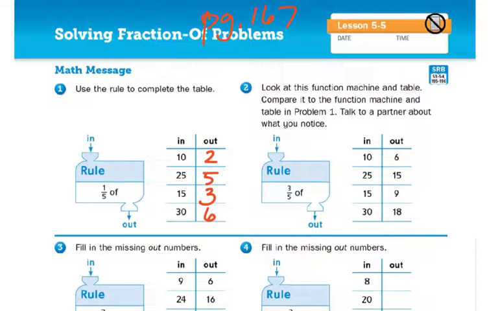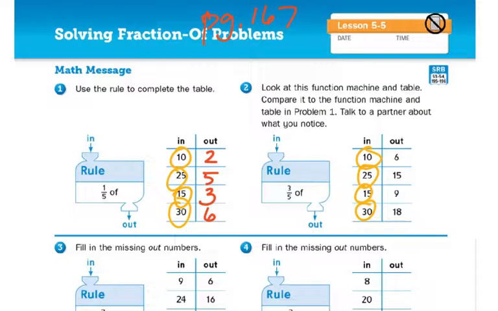Number 2, look at this function machine and table compared to the function machine and table in problem 1. You don't have a partner to talk about it with, but what do you notice? If you notice, the number that goes in is the same.